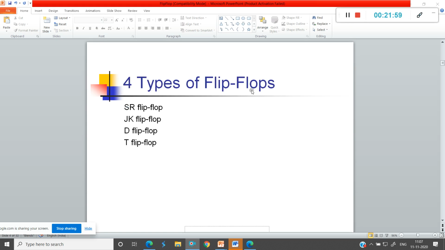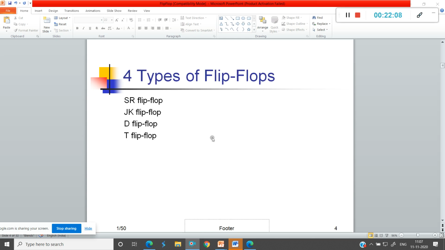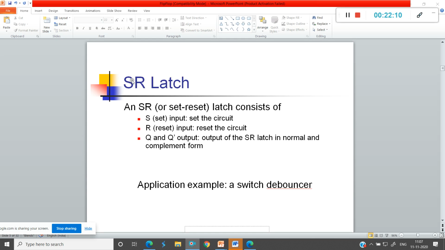There are four types of flip-flop: SR flip-flop, JK flip-flop, D flip-flop and T flip-flop. These types of flip-flops we are going to study. So, SR latch. S stands for set, R stands for reset. The SR latch consists of the S input, the set input, which sets the circuit, and the R input, the reset input, which resets the circuit.